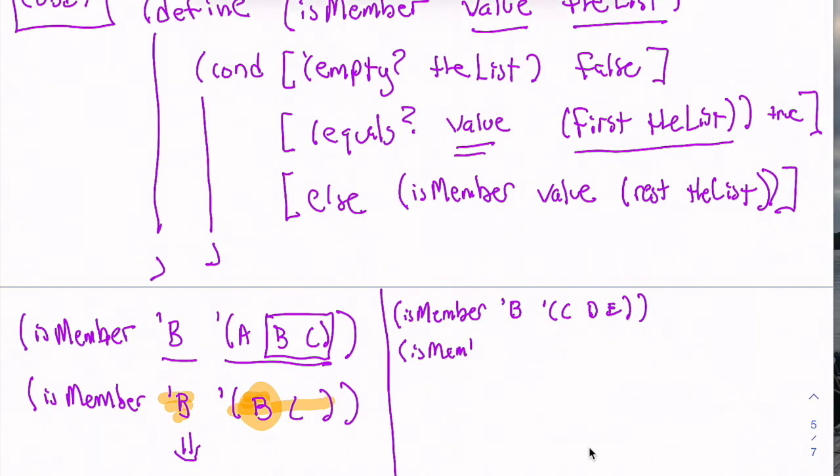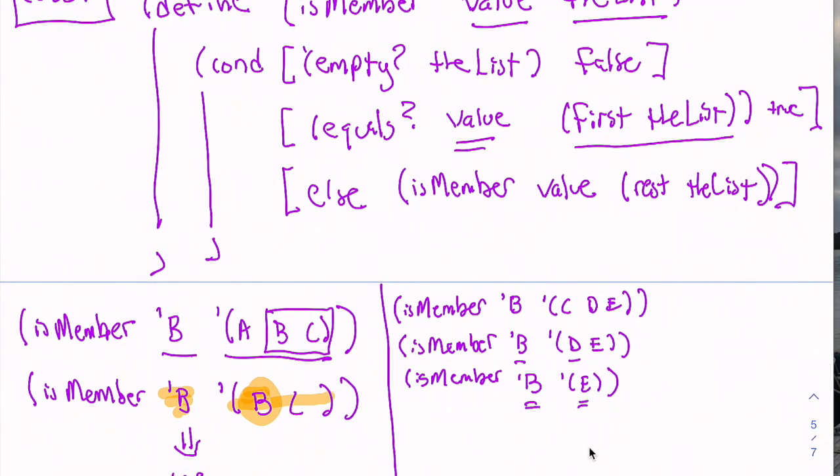When we do that, we're going to have isMember B, D E. And we're going to execute the code again. We're not going to get a match between B and D. So we're going to do isMember B, E. And we're not going to get a match between B and E. So we're going to do isMember B, empty list.